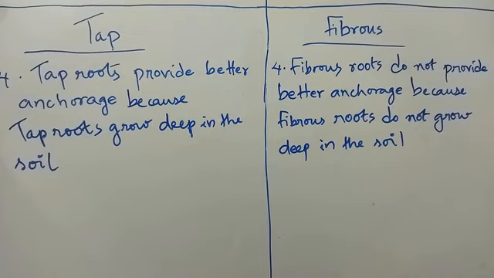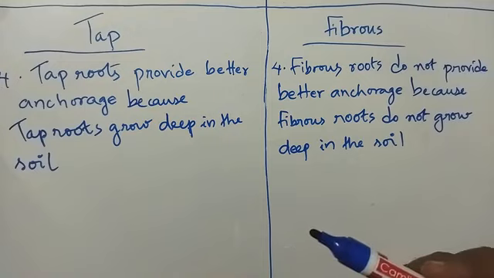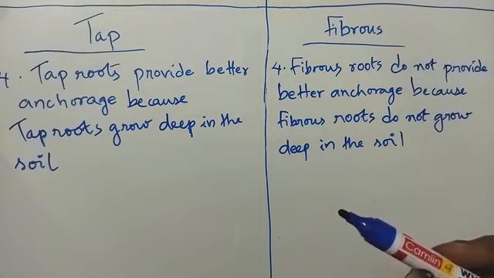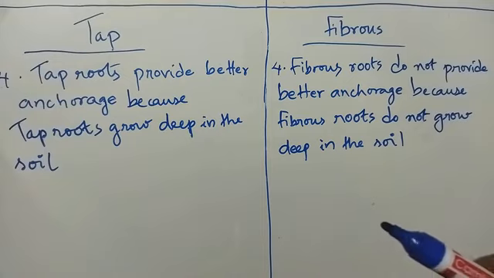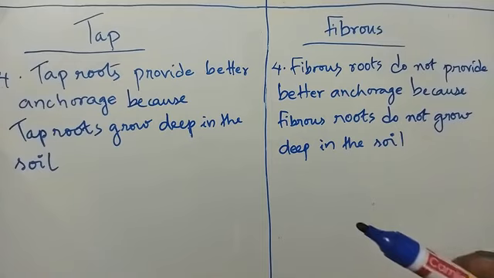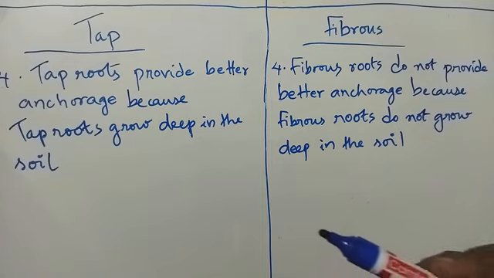They can absorb the underground water from deep layers of the soil because tap roots grow deep in the soil. Fibrous roots containing plants need more supply of water because they do not have access to underground water present in the deep layers of the soil, because their root system does not grow deep in the soil.